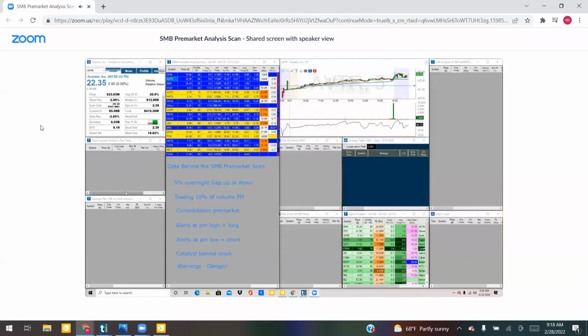Yes, the folks at SMB Capital, and SMB Capital is a Wall Street prop firm, one of the largest on Wall Street. They do use Trade Ideas scans also. However, they code their own like we code our own, and it's proprietary. So this is not an exact replica of an SMB Capital pre-market scan that they use, because they do use something similar.